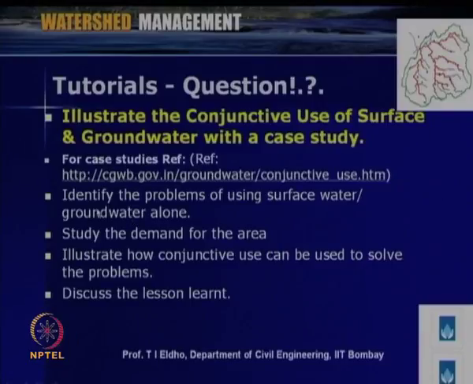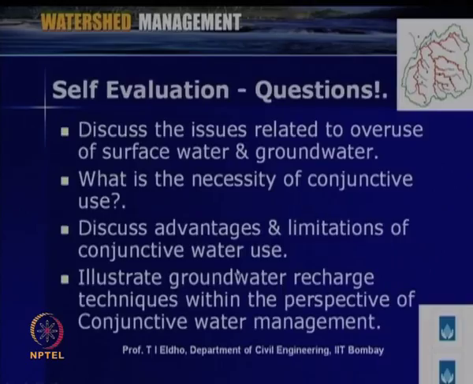In the case study you can identify the problems of using surface water only or groundwater only, then study the demands for the area which we are looking at as a case study, then illustrate how conjunctive use can be used to solve the problems for the area. Then you can discuss what are the lessons learned as far as that area is concerned.